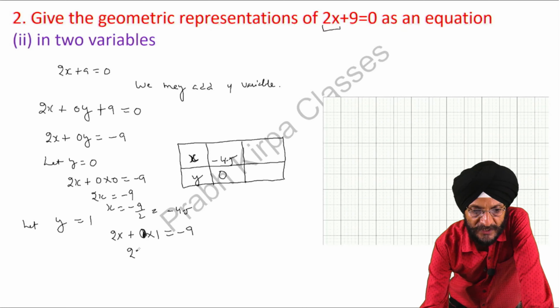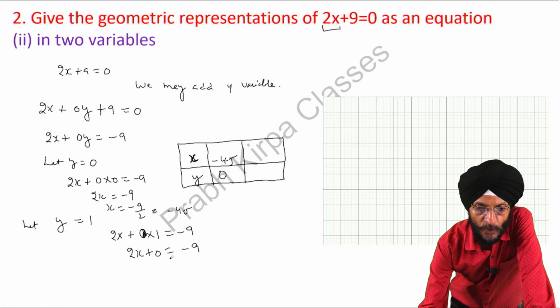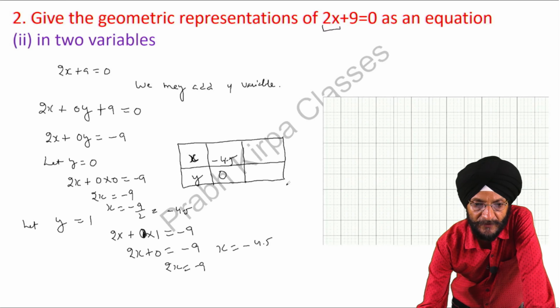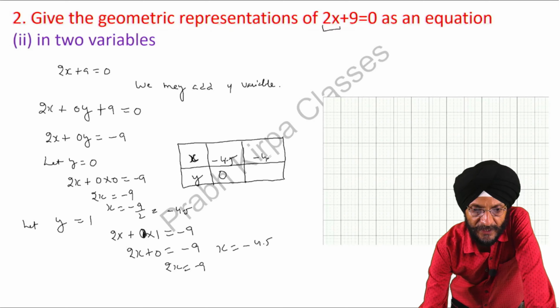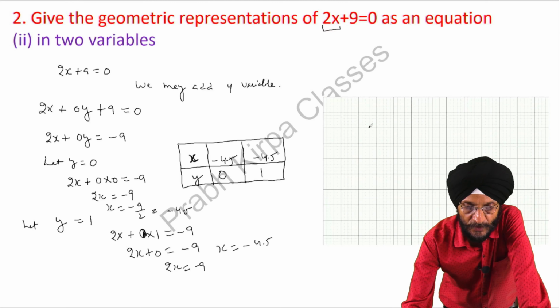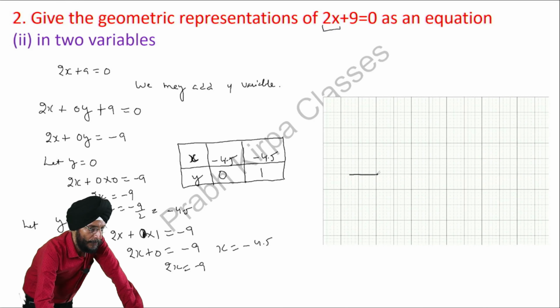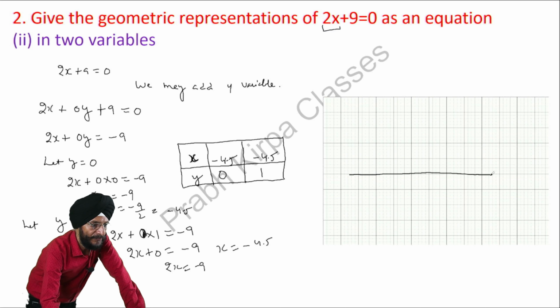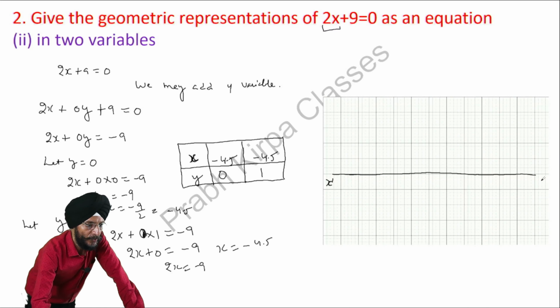Then 2x plus 0 into 1 becomes 0, so 2x is equal to minus 9, x is equal to minus 4.5. So here again the value of x comes minus 4.5 and the value of y is 1. So here we will form the graphical representation of this equation.